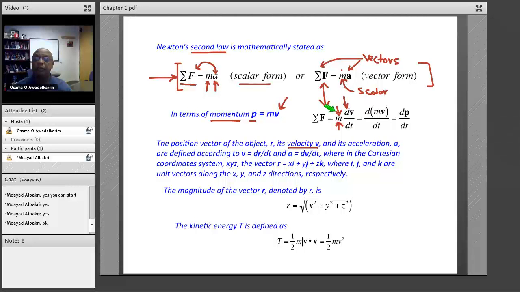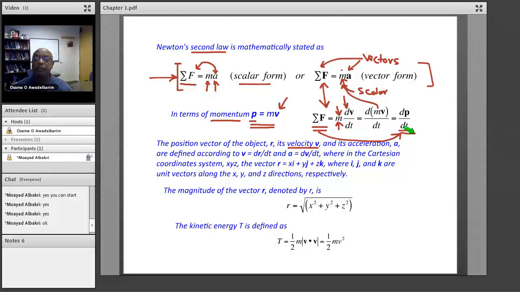Now, if the mass is independent of time, then we go back to this relation. If the mass is dependent on time, then you can't take it out of this bracket, and therefore you have to use the definition of the momentum. Then in this case, Newton's second law becomes: the resultant force is equal to the time rate of change of the momentum vector.